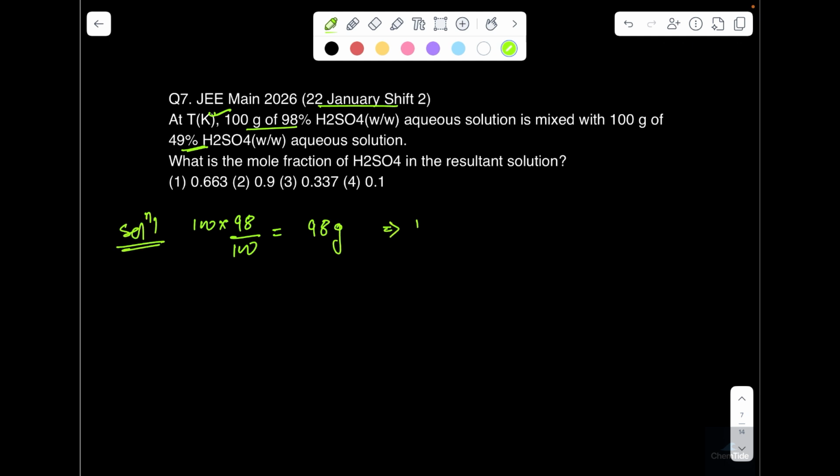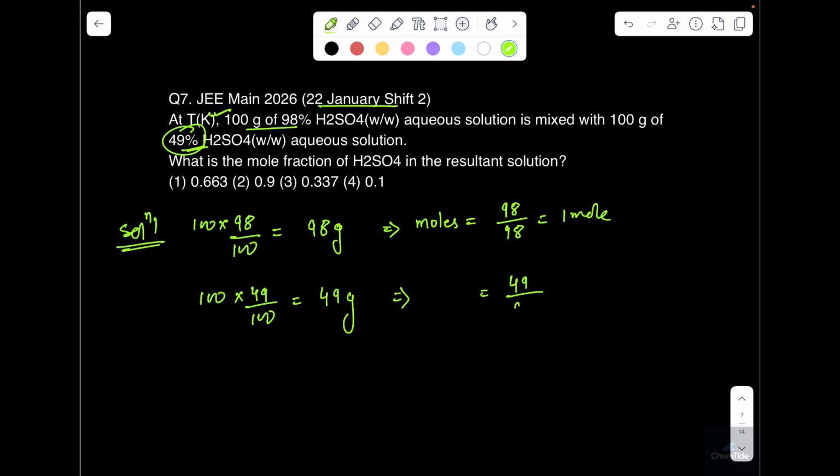The moles would be the given mass divided by the molar mass, 98 by 98, so we get 1 mole. In the second solution it's given 49%. So what is 49% of 100? 49 itself. So what will its moles be? 49 by 98 means 0.5 moles.